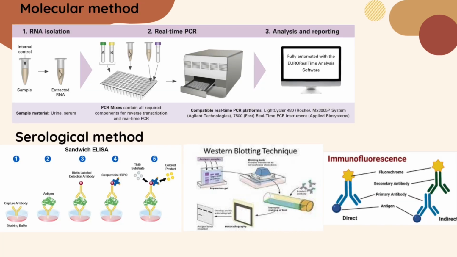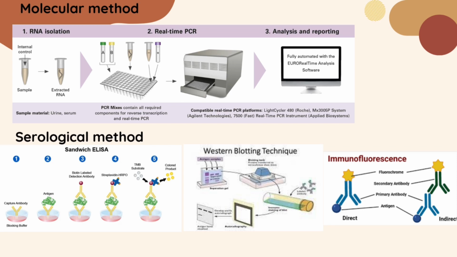Other than the bacterial cultivation method, molecular and serological methods can also be used for the diagnostic workup. For the molecular method, polymerase chain reaction is widely used for the detection of specific DNA sequences. Targeting genes specific to Corynebacterium pseudotuberculosis, such as the phospholipase D gene, can provide a sensitive and specific diagnosis.